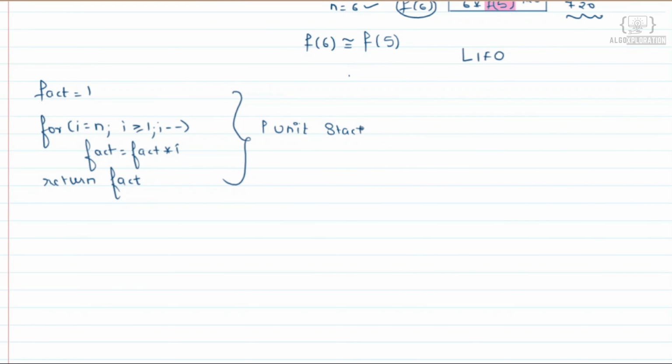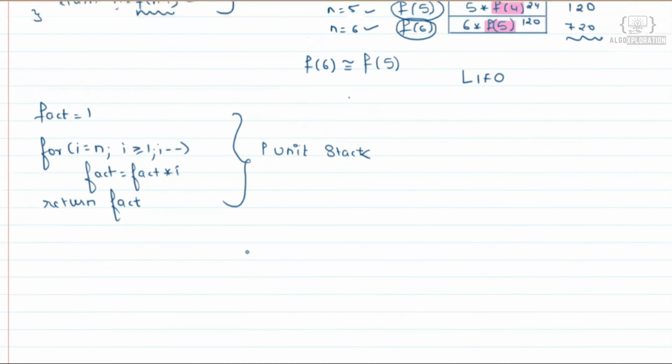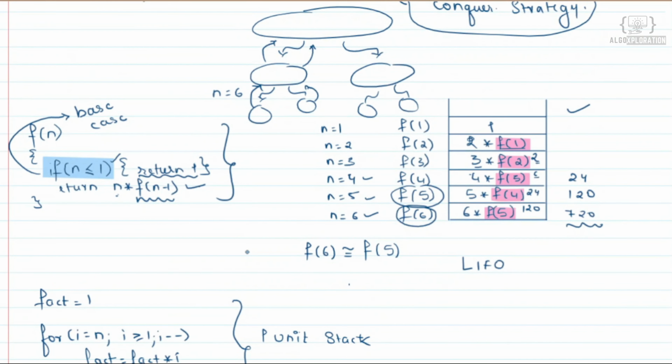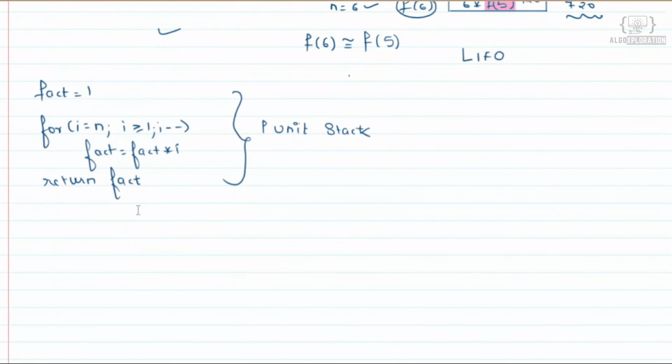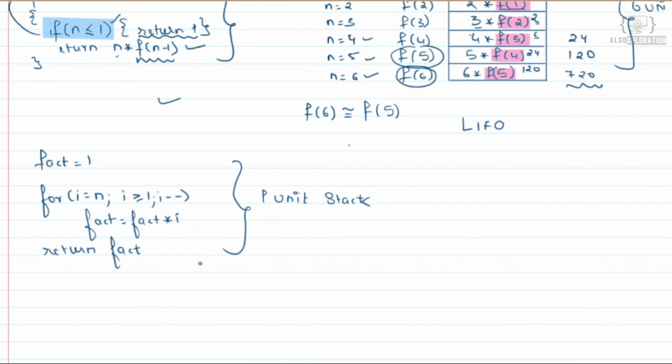If we take a look at this recursive code, it is actually taking 6 units of stack. So by space comparison, iterative code is much better, but when it comes to time complexity, both are the same asymptotically.